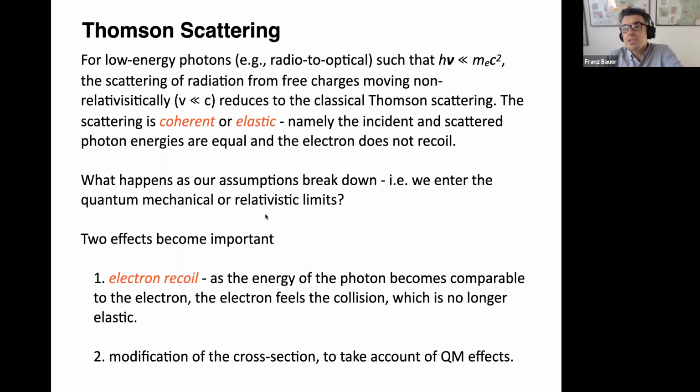Now, these assumptions break down in two important ways. One, when we have high energies, we get an electron recoil, and so we have to actually factor that in, which is known as Compton scattering. The other is when relativistic effects creep in, you end up modifying the cross-section, and you have to account for quantum mechanical effects. And this changes the actual cross-section.